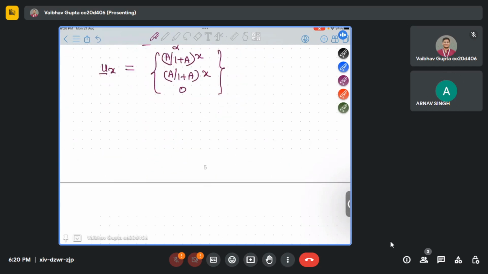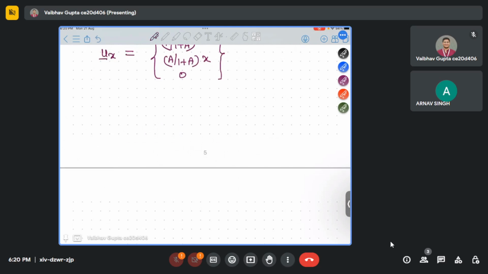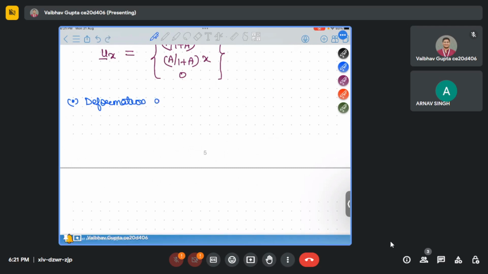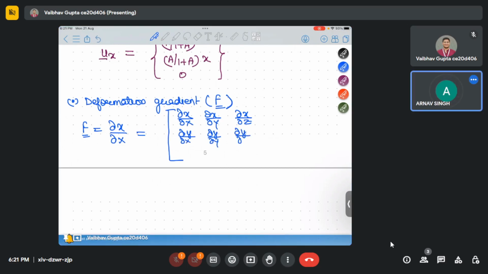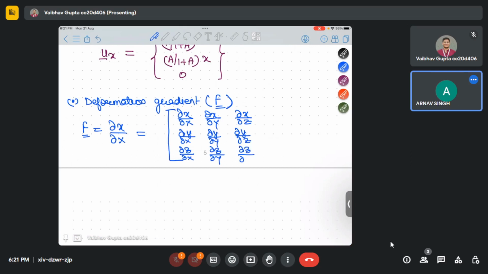Now the second thing you have to find out is the deformation gradient. Just now I have told you what F is.